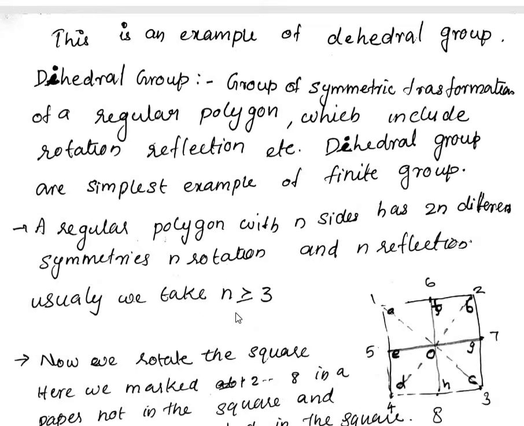Usually we take a polygon with n greater than or equal to 3. So we start with a triangle, then a square, and so on.